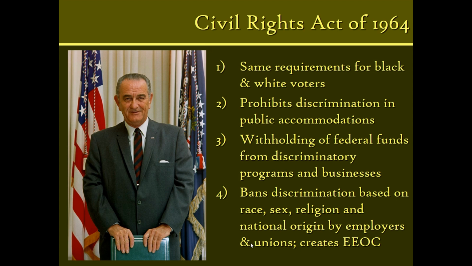So, same requirements for black and white voters, prohibits discrimination in public accommodations, withholding of federal funds from discriminatory programs and businesses, and bans discrimination based on race, sex, religion, and national origin by employers and unions, and creates the EEOC, which is the Equal Employment Opportunity Commission.